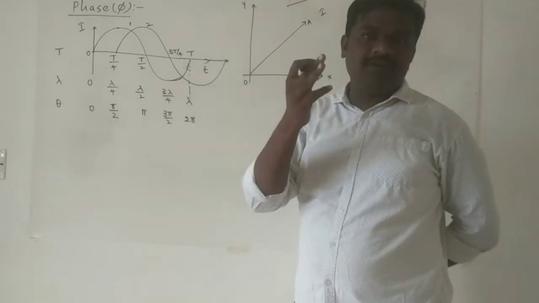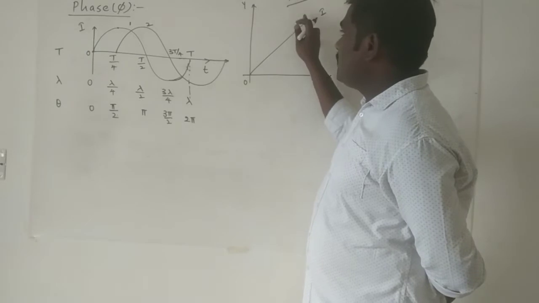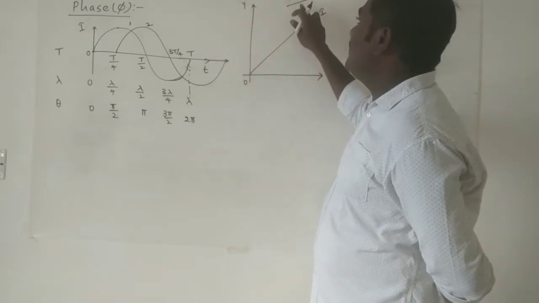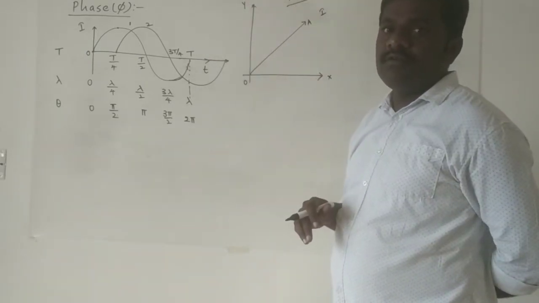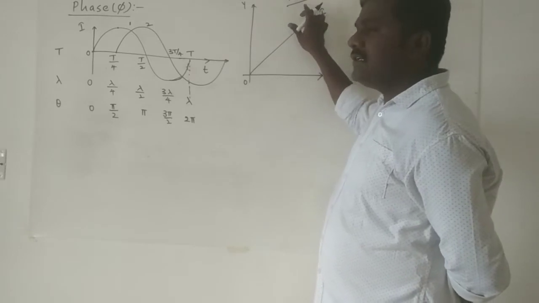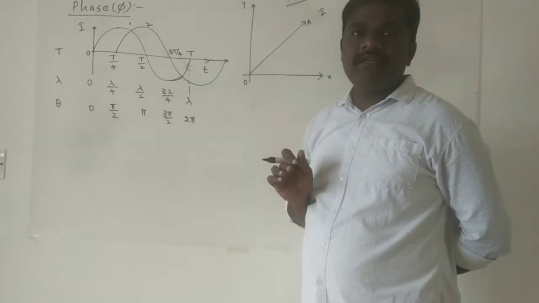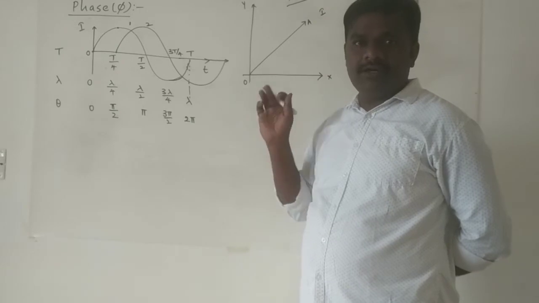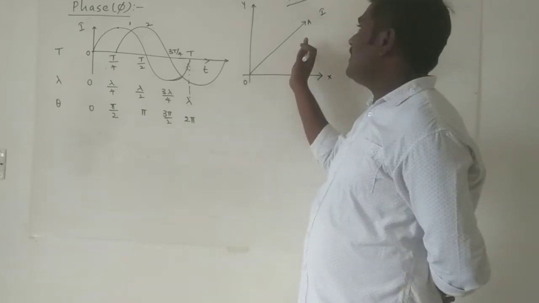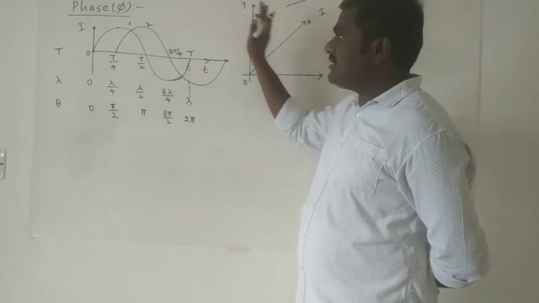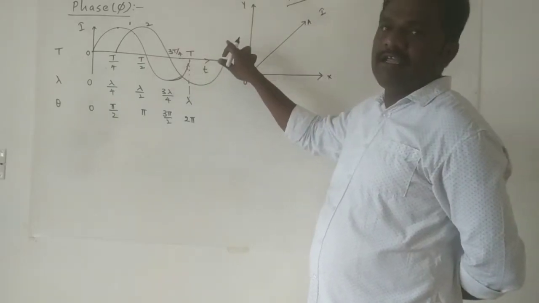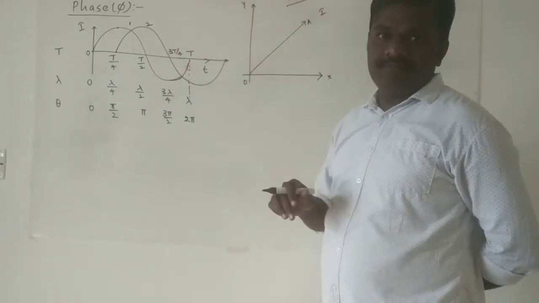You know, projection concepts are called waves. Such a rotating vector can be called a phasor. I repeat, a phasor is a projection of a sinusoidal quantity. It's a rotating vector. Such a rotating vector, which is taken as a projection of a sinusoidal quantity, is called a phasor.